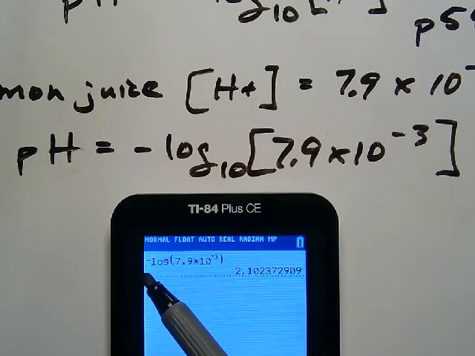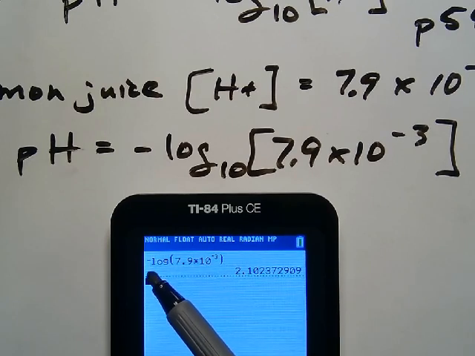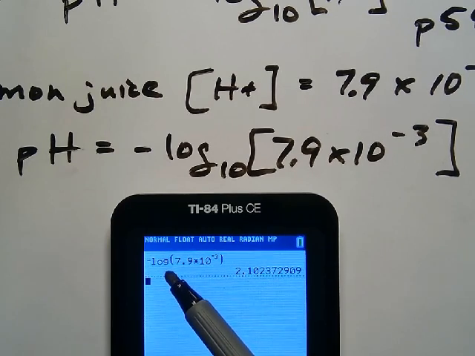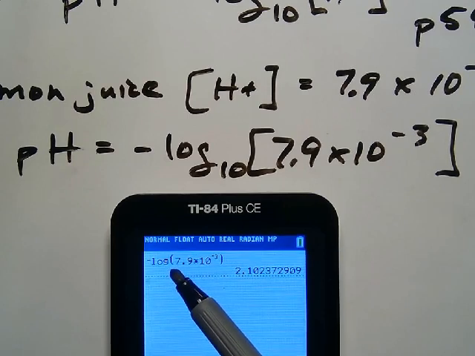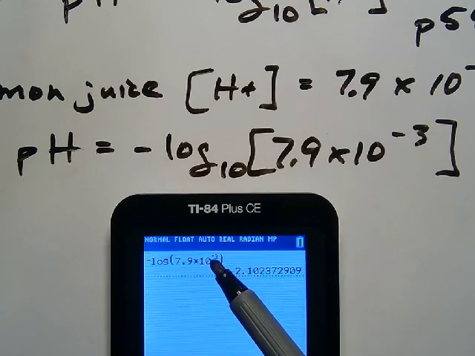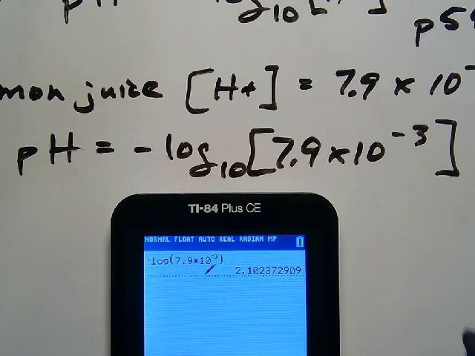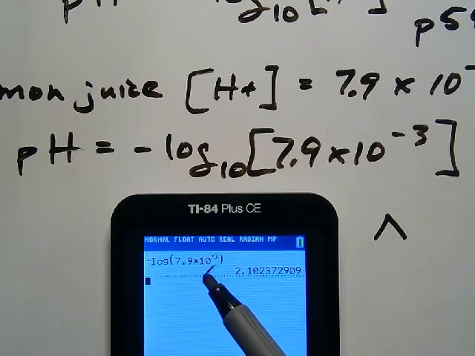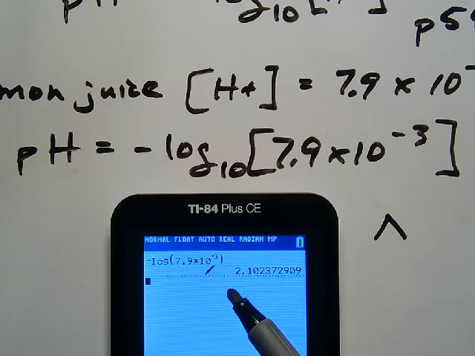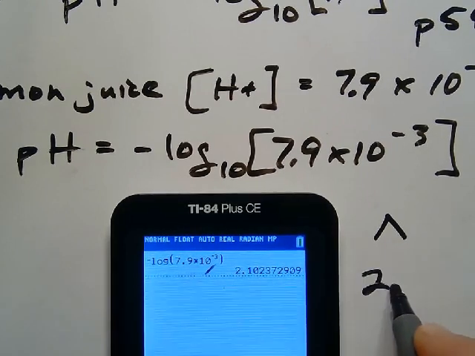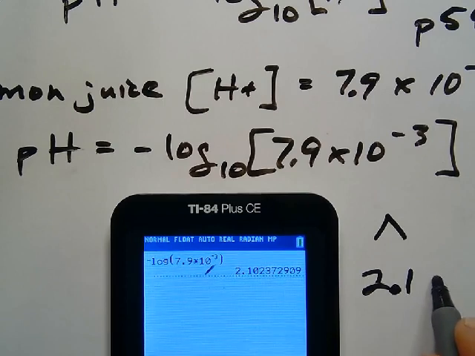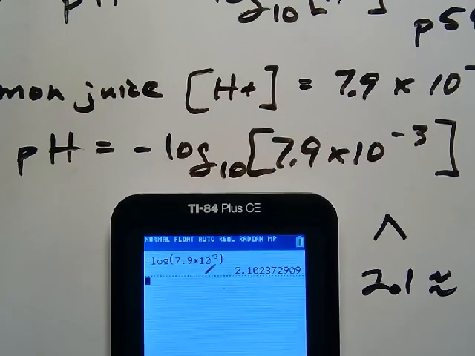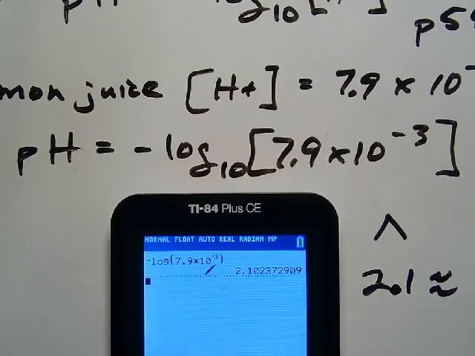I took a negative, make sure you use the negative button, not the subtraction button. The negative log base 10, and of course the 10 doesn't show here. 7.9 times 10 to the negative 3, you're going to use your little arrow to raise that to the negative 3 power. And then I end up with the answer of 2.1 approximately. So the pH is approximately 2.1 on lemon juice.